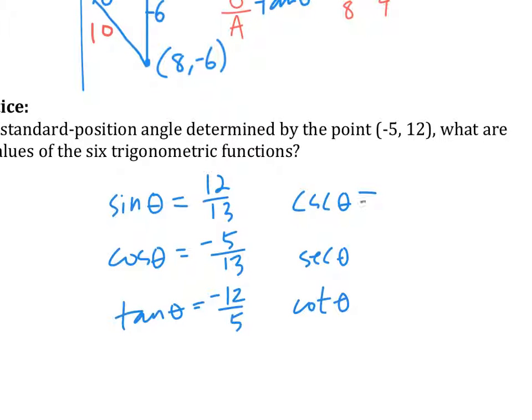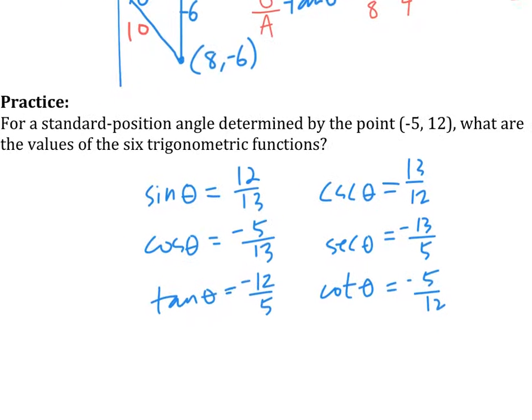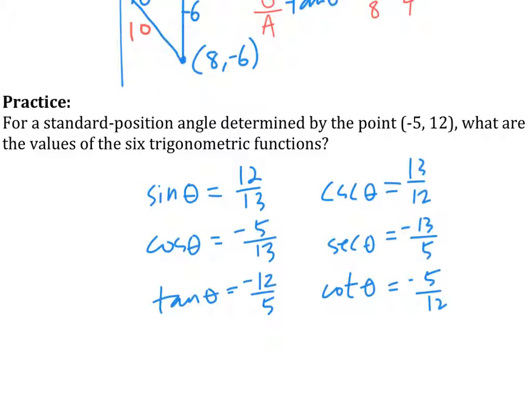Cosecant is 13 over 12. Secant is -13 over 5. And cotangent is -5 over 12. Any questions? If they give you a question where it says it's a standard position, they give you a point, and that point is somewhere in the 4 quadrants that has a positive and negative, you have to keep the negative.